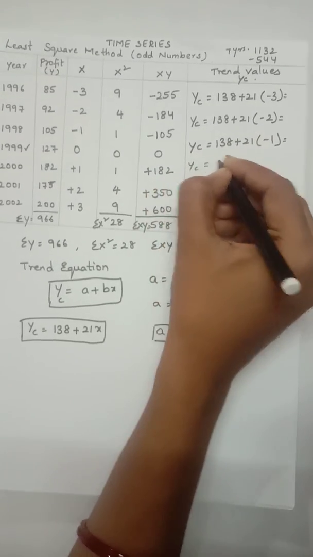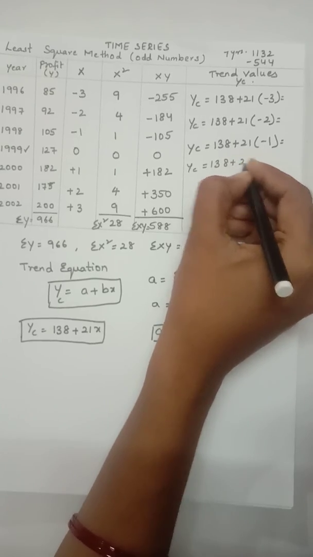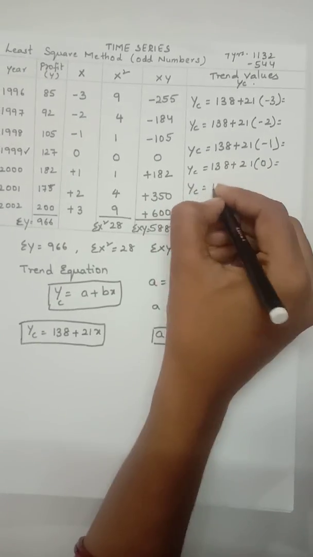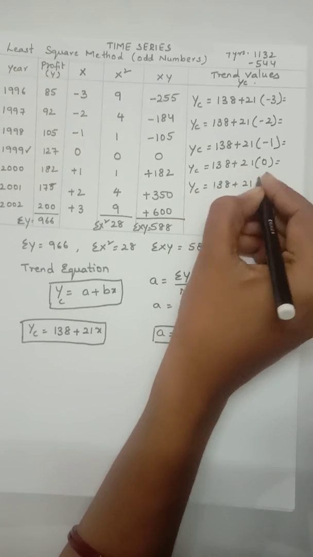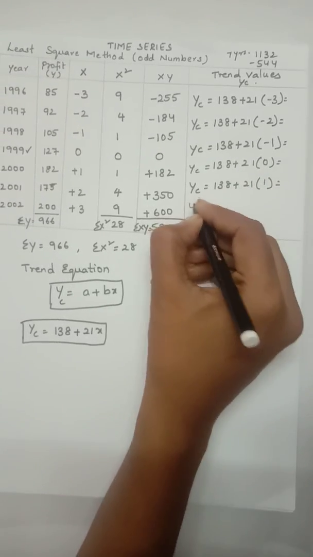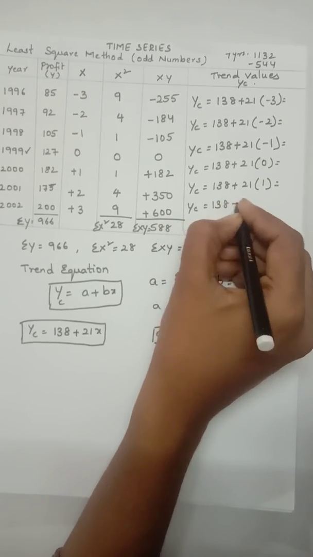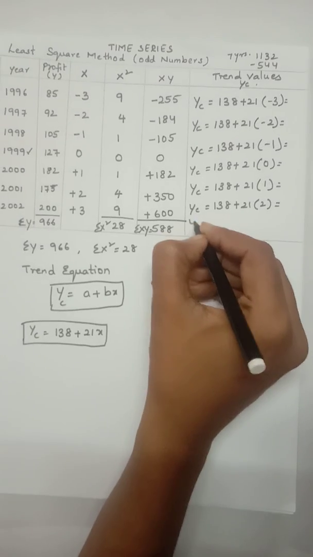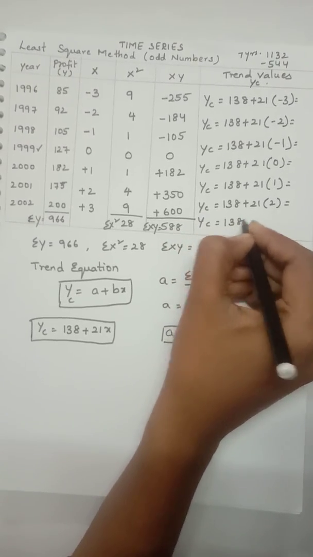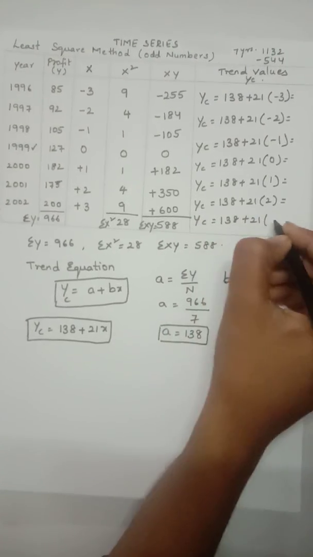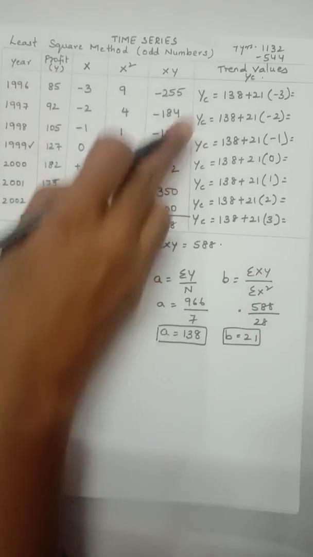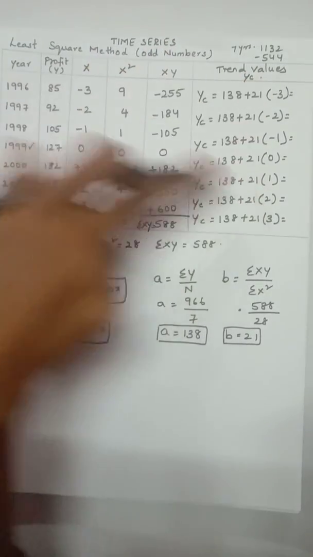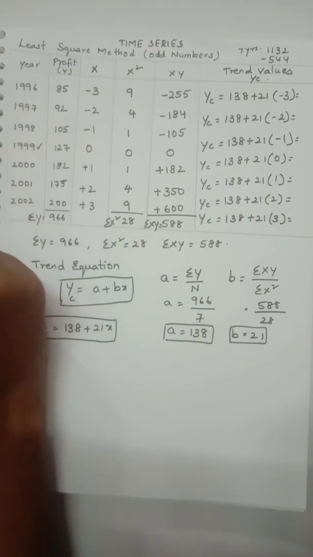Next, 138 plus 21 of 0. Then 138 plus 21 of 1, 138 plus 21 of 2, and 138 plus 21 of 3. Like this we substitute these values in the place of x, and then we will get the trend values.